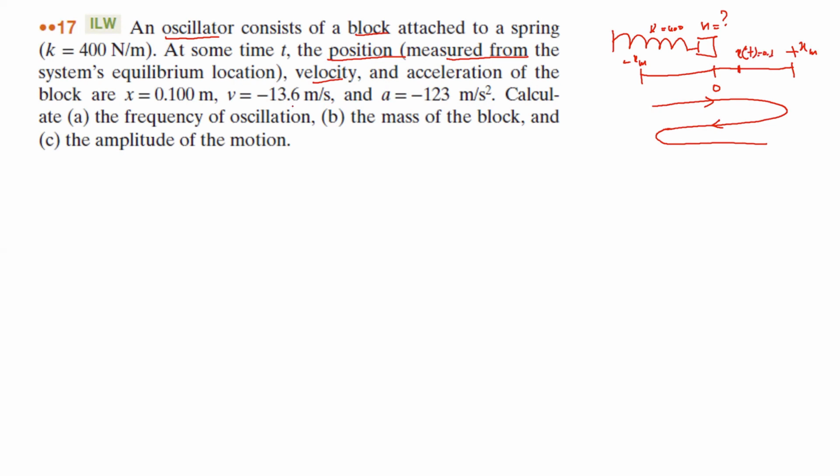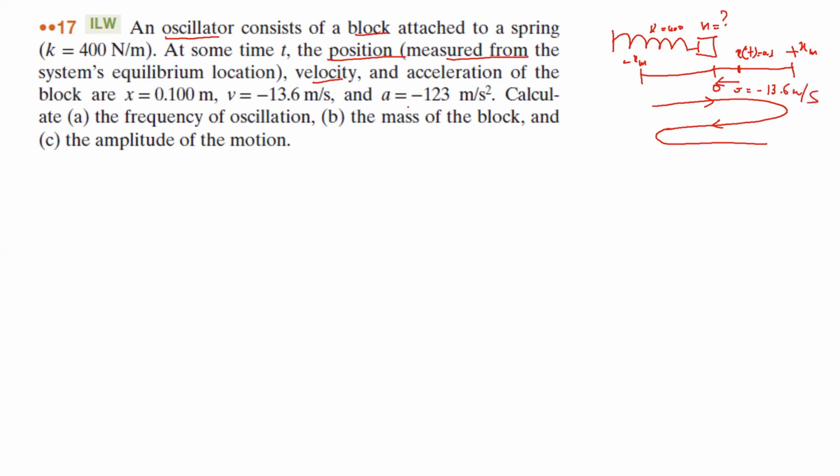And v at this time is minus 13.6, meaning I'm going in the negative direction. So it looks like I am leaving this plus xm here, and I'm going toward 0. So the velocity is given. v is minus 13.6 meters per second.